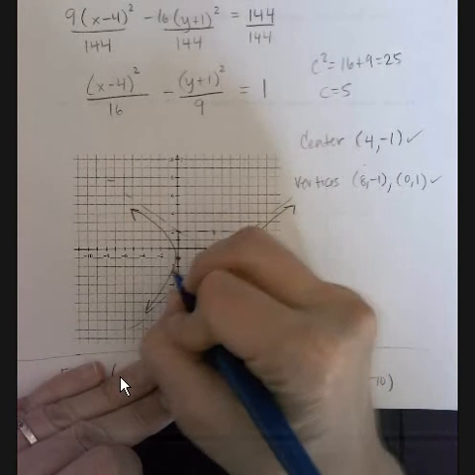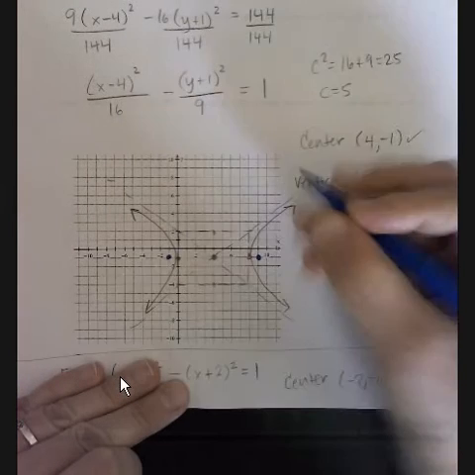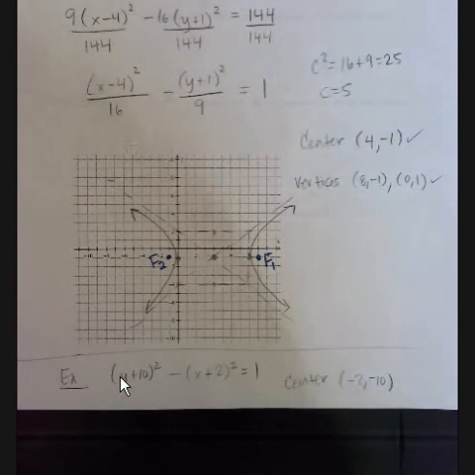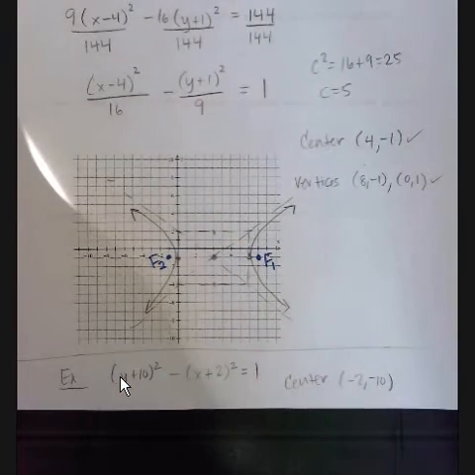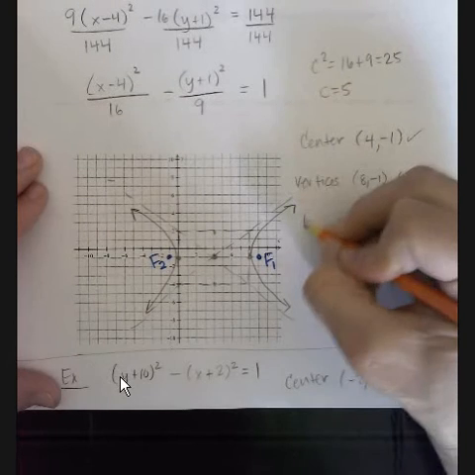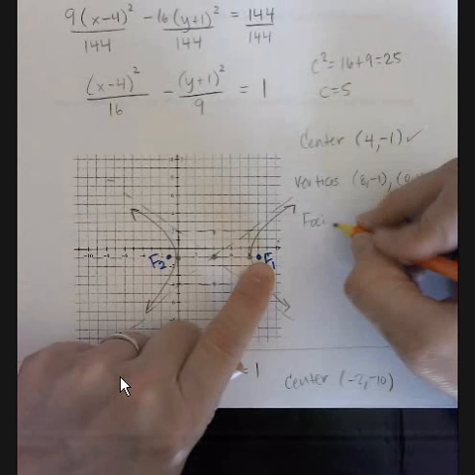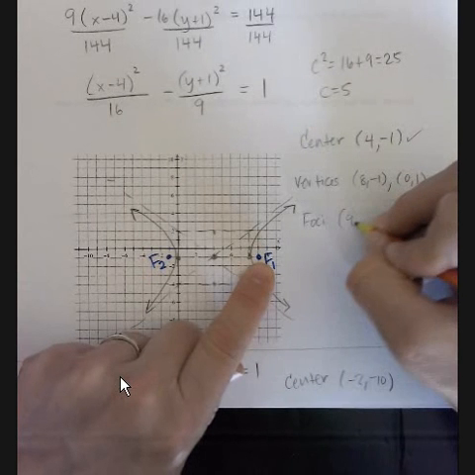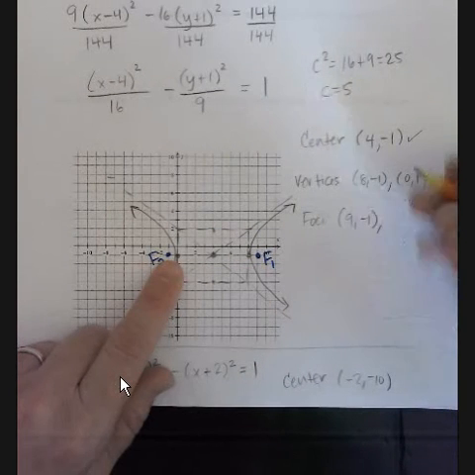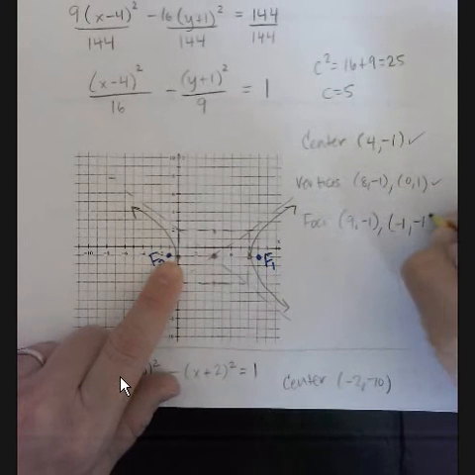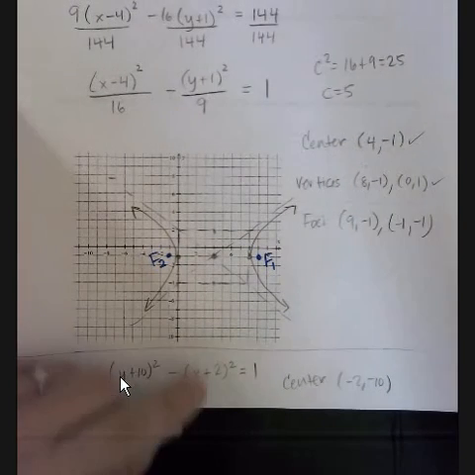I'll call this one F1 and this one F2. Because 5 is a whole number, I'll state these as 2 separate points instead of using plus or minus. So F1 is (9, negative 1), and F2 is (negative 1, negative 1).